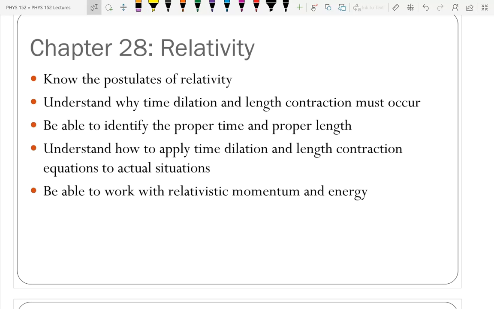Why do we have time dilation and length contraction? Well, understanding the why comes from Einstein just thinking, what would happen if? And he came up with his clock idea. And the clock, all of the physics says you have two different times per tick, depending on the reference frame. And then Einstein said, well, the laws of physics must be true, so it must be correct that you have two different times.